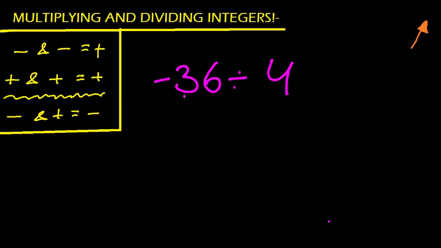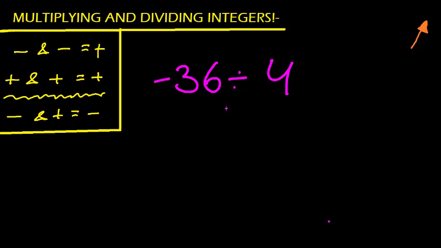There's going to be numbers and a division or multiplication sign in between. So just make sure you remember that. That's why multiplying and dividing integers is a lot easier, because you don't have to simplify the signs like you have to do for adding and subtracting integers. So let's just get on with how to do it.